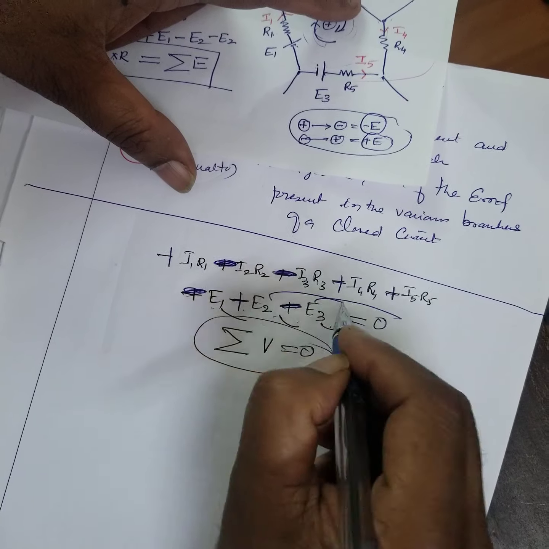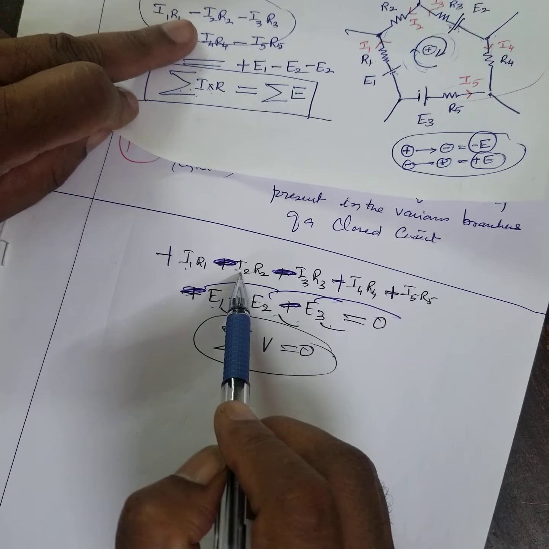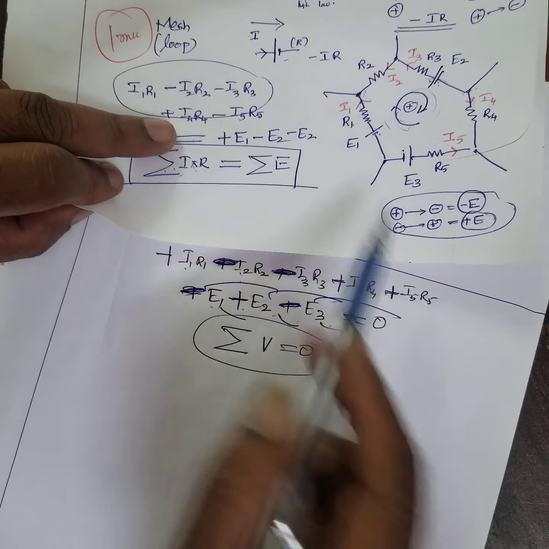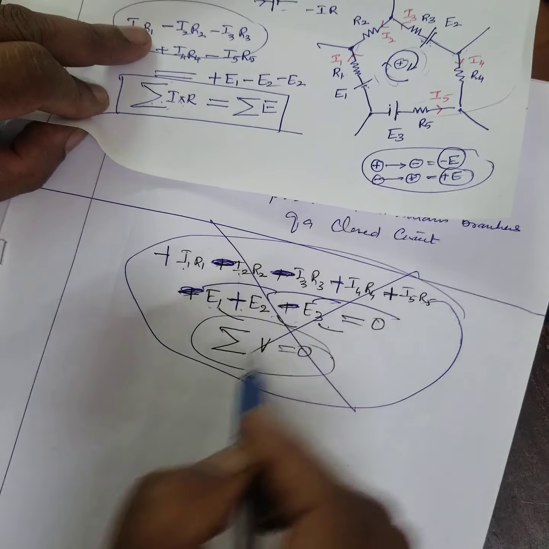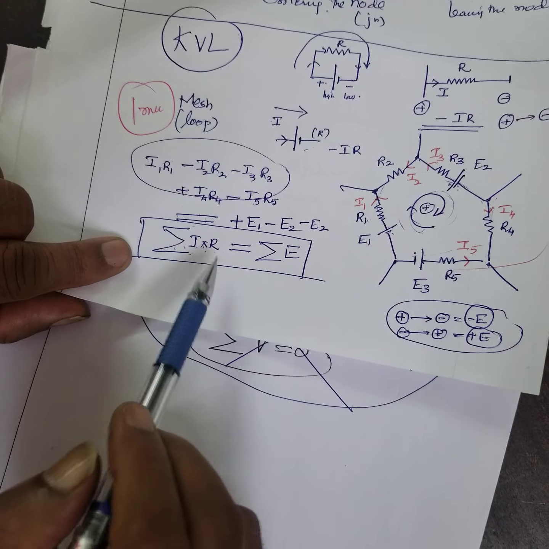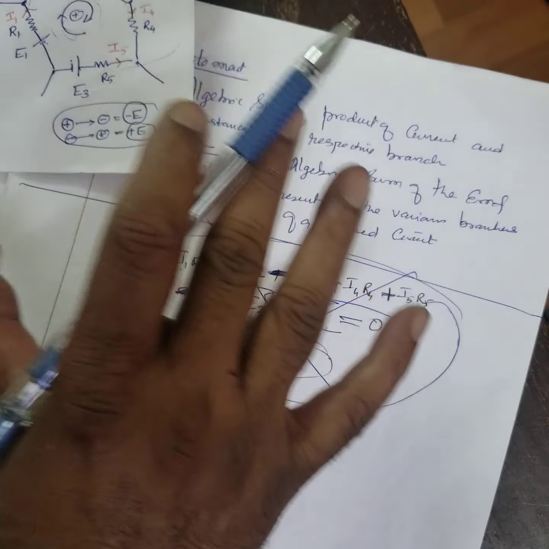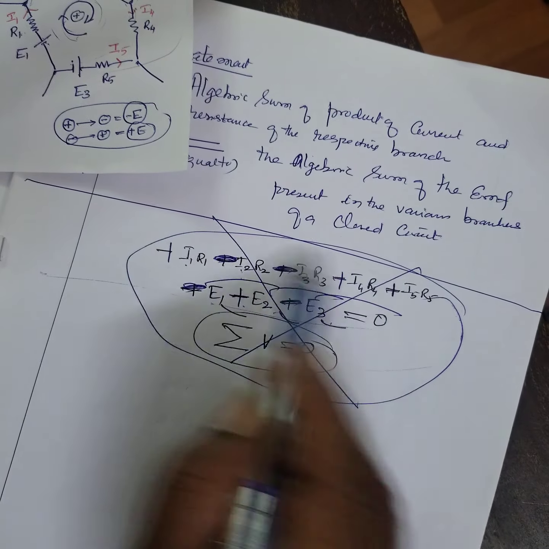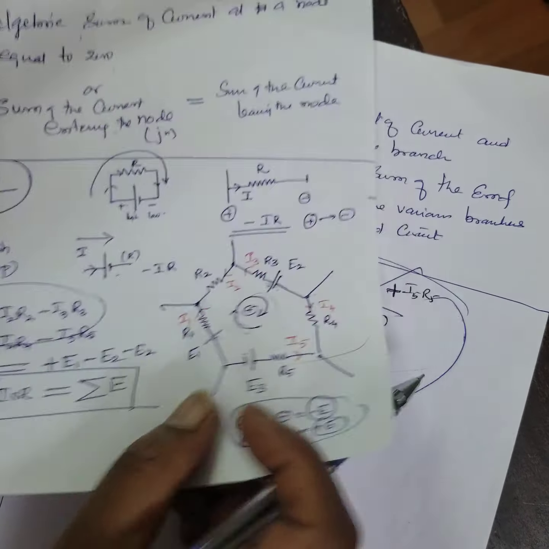When you send that side, you are going to get I1, R1 minus I2, R2, and so on. If it goes that side, E1 plus E2 plus E3. This is actually happening, but you don't bother. You concentrate on this only. When you read the textbook or IIT books and almost all engineering books, they follow the concept this way, but directly you can solve the problems on this.